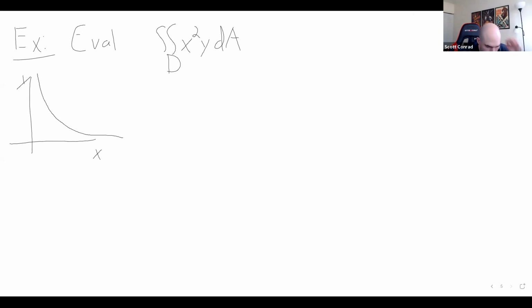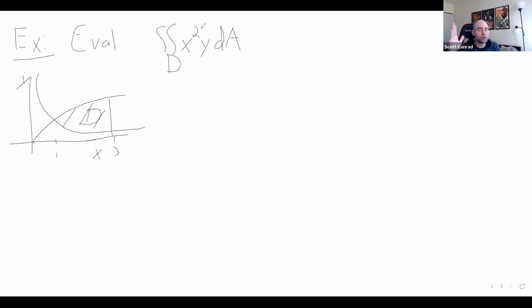So it's bounded by, oops, hang on. So this is our region D. I already gave it away here, but is this vertically simple, horizontally simple, both, neither?